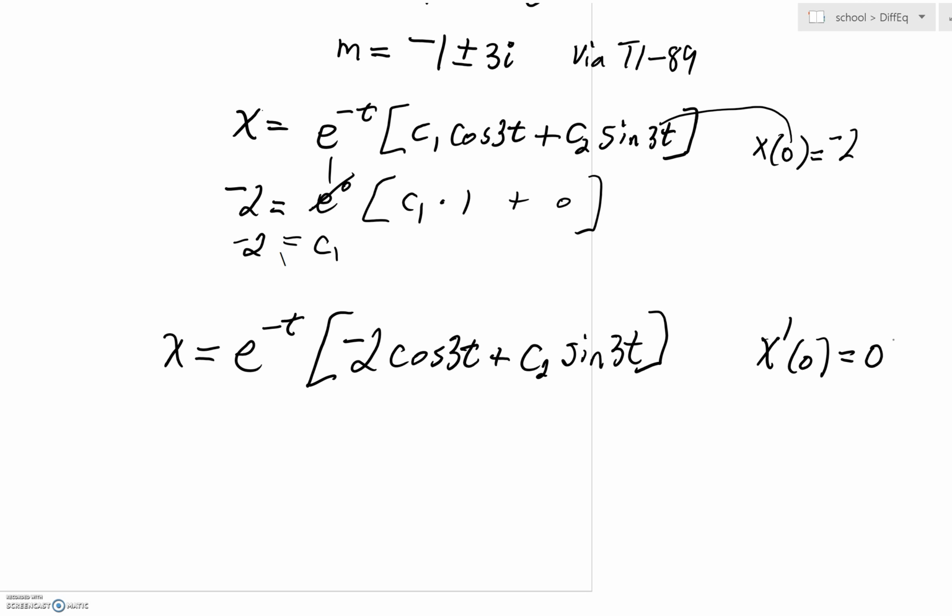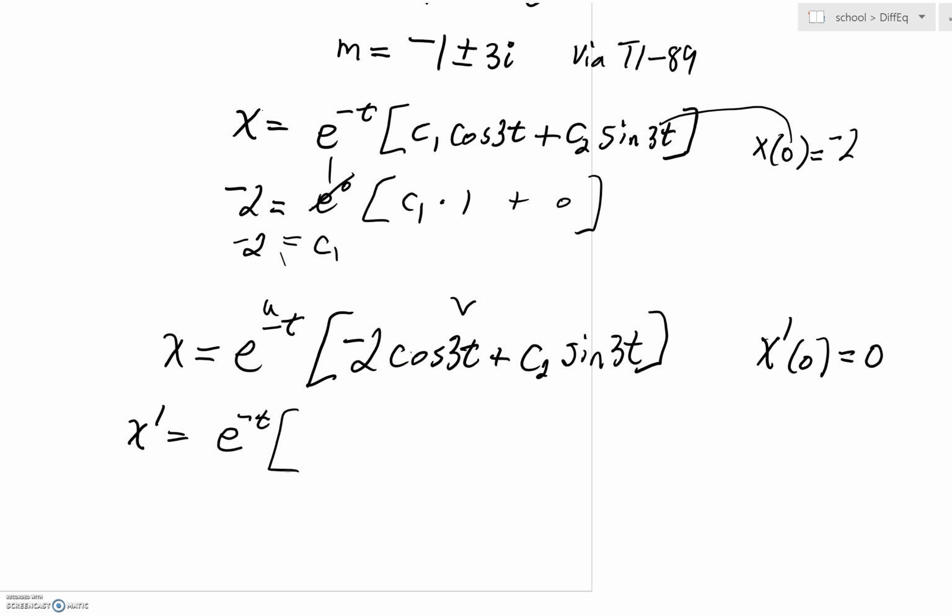So to take a derivative, guys, we're going to have to go ahead and use the product rule. There are so many different ways you could do that. You could just consider u to be the e to the negative t and consider v to be this trig expression. We'll have x prime, and this would be your u. Let's not take that derivative just yet, and then take our derivative inside.